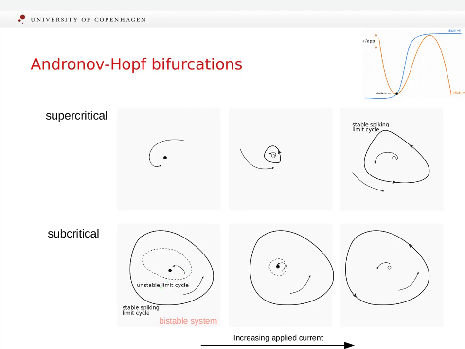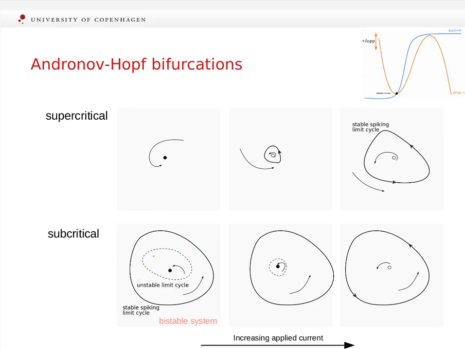And then there is a stable limit cycle around it. So this system again is bistable, or it is a kind of neuron that at the same set of parameters can be either resting or spiking at a constant rate. So it just depends on where we start from.